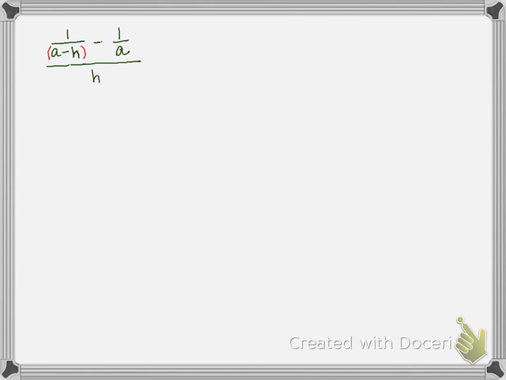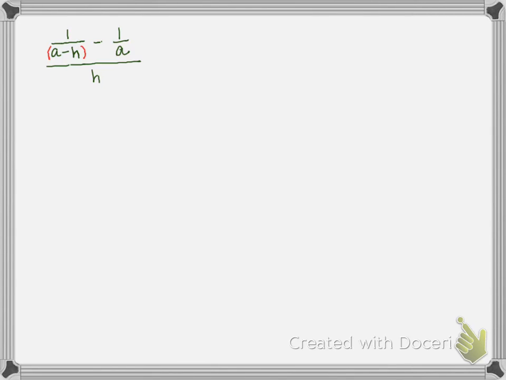So we see now that we have two different factors, right? There's a factor of a in the fraction on the right and a factor of a minus h in the fraction on the left. There's nothing you can multiply a by to get a minus h, right? So we have to just use those as two separate factors.